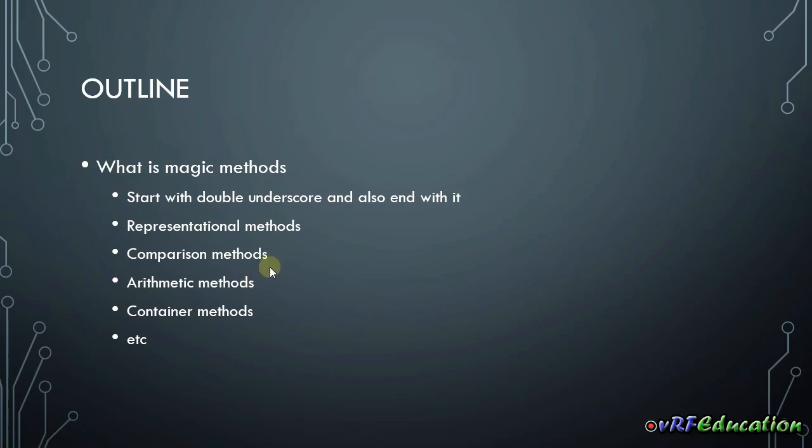Imagine that we want to compare two objects to each other. For example, we want to compare two account objects with each other, and the account with the higher remaining amount is bigger than the other one. Python doesn't know about the logic behind this class.